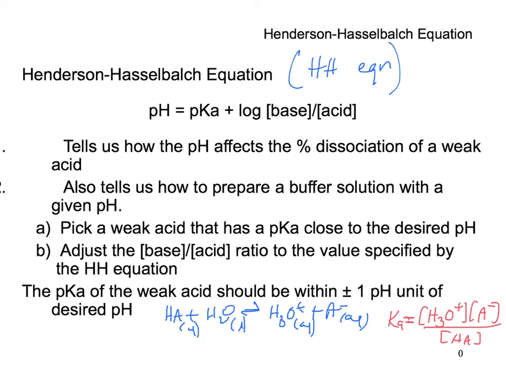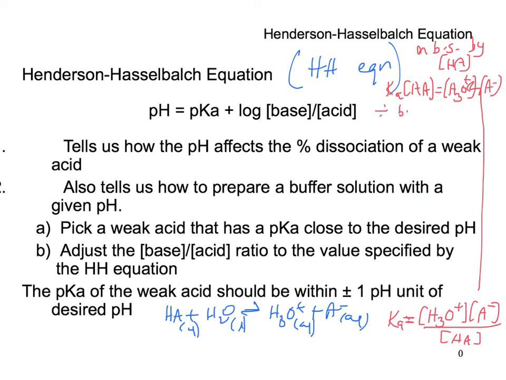Okay. All you got to do is rearrange this. So you can perhaps write down multiplying both sides of the equation by HA, and you would be able to write Ka times HA is equal to hydronium times A minus, and I'm going to divide both sides by A minus.